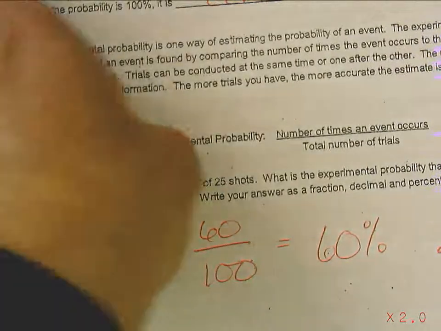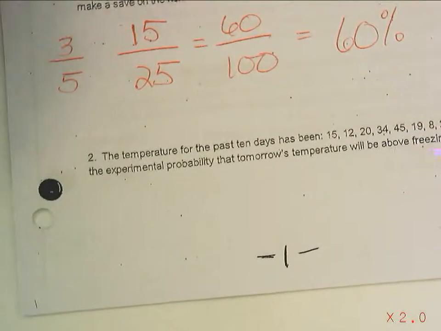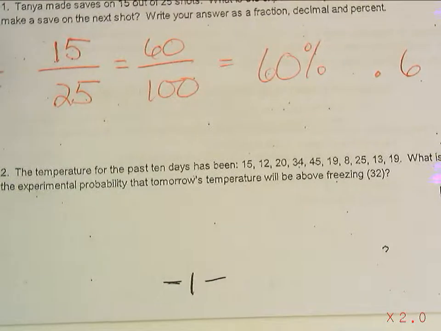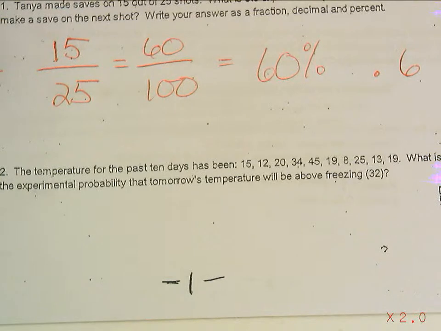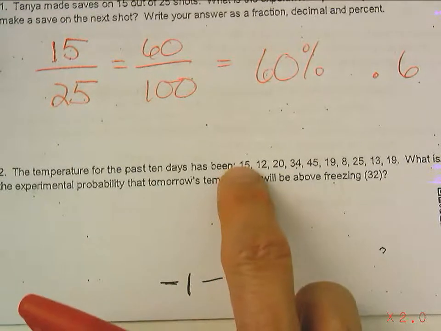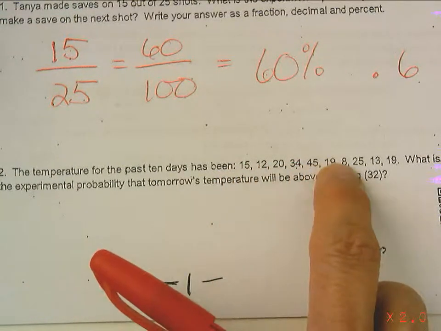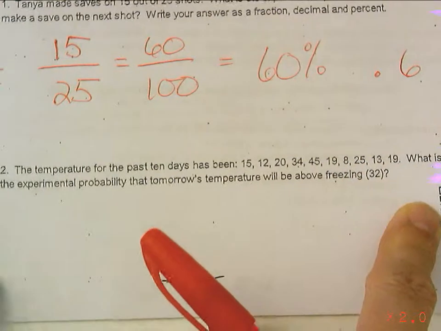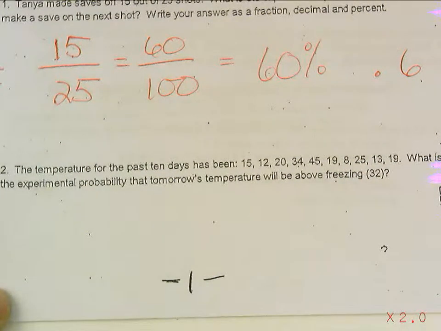Number 2 says that the temperature for the past 10 days has been either 1, 2, 3, 4, 5, 6, 7, 8, 9, 10. Any of these 10 temperatures. What is the experimental probability that tomorrow's temperature will be above freezing? Well, above freezing is anything above 32.